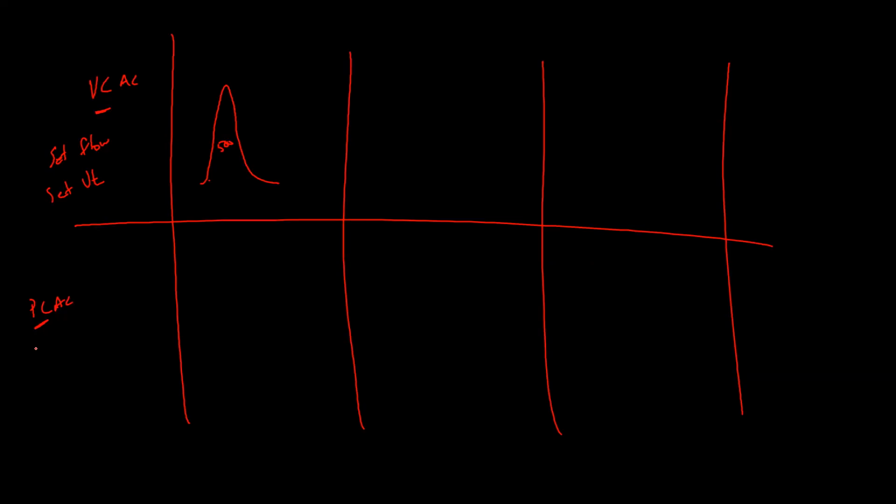Pressure control, you have variable flow, and you set the pressure. So we can have a breath that comes in like this, and we'll call this 20 centimeters of water pressure. And you have a set I time.